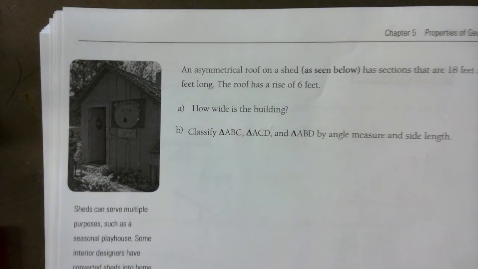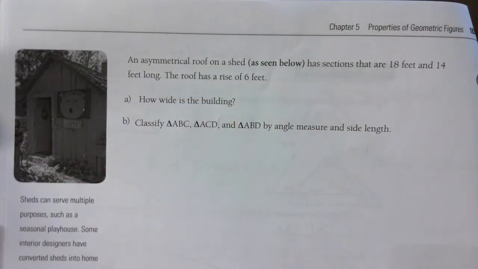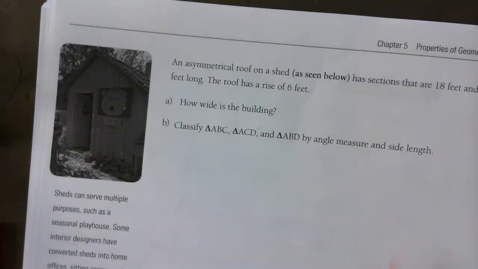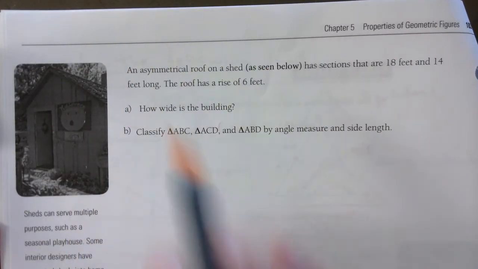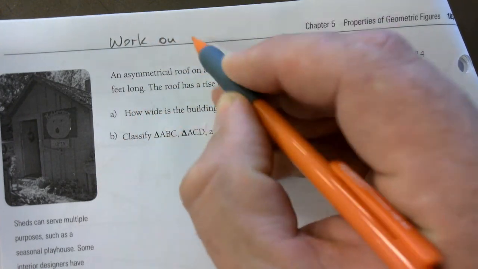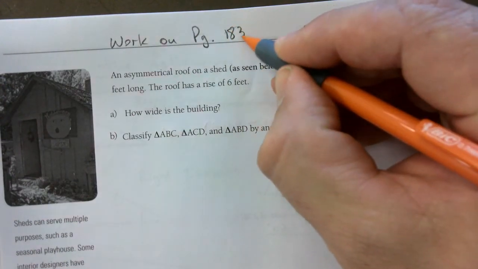I want you to try and answer question 183 and 184. This is all one question. This roof that you see down here is all part of this question here. Okay, so work on page 183 and 184.